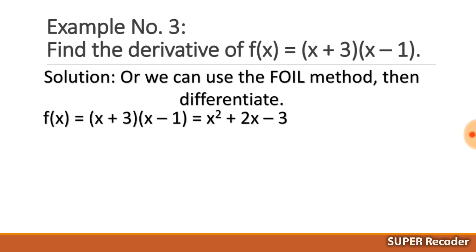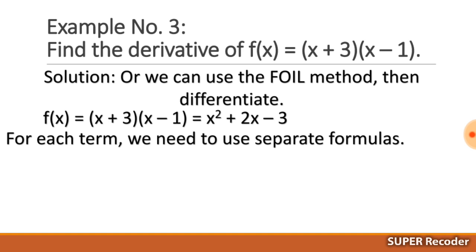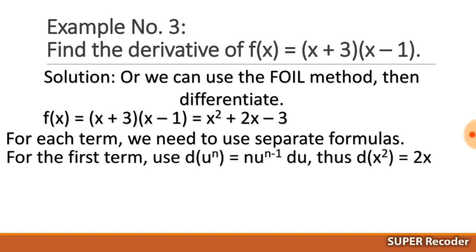If we solve it further, for each term we need to use separate formulas. For the first term, x squared, we're going to use the power formula for differentiation, or the derivative of u raised to n, which is equal to n multiplied by u raised to n minus 1 times the derivative of u.